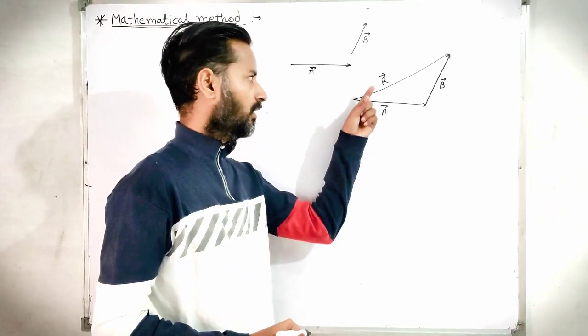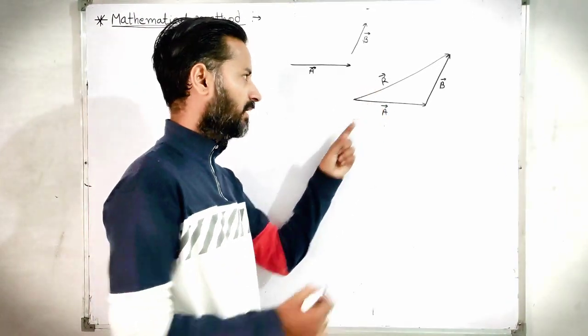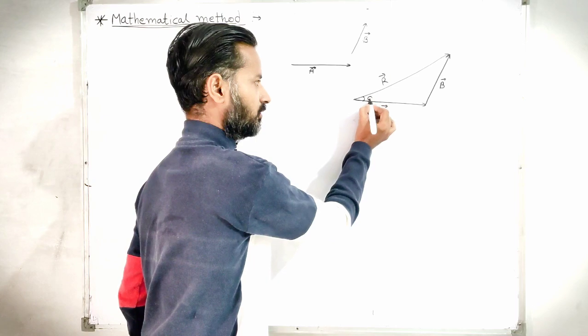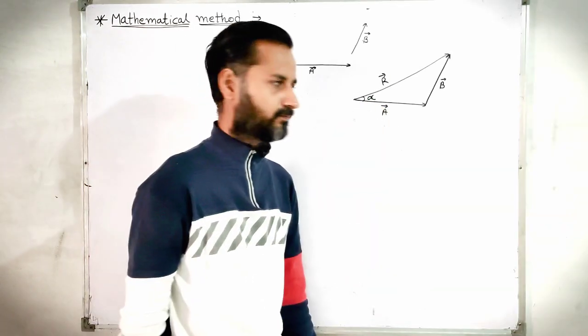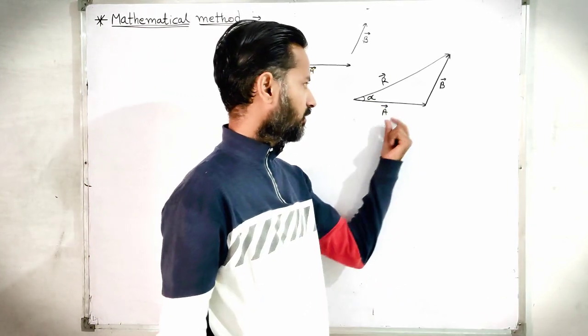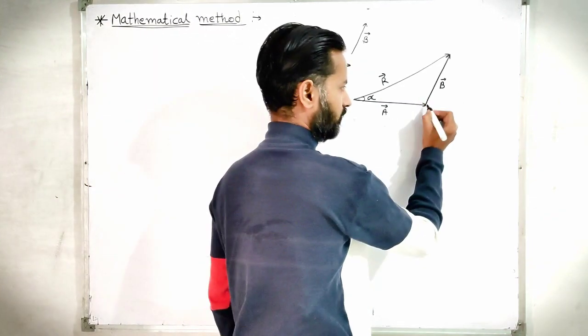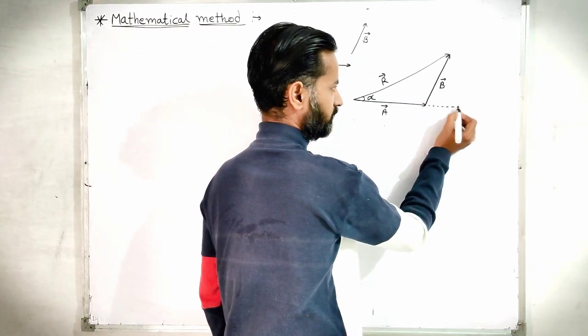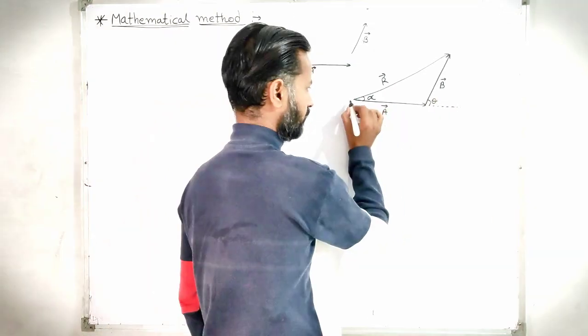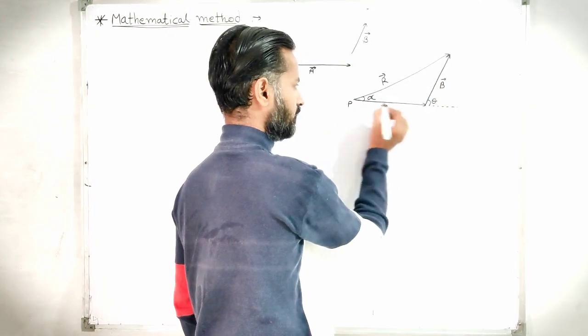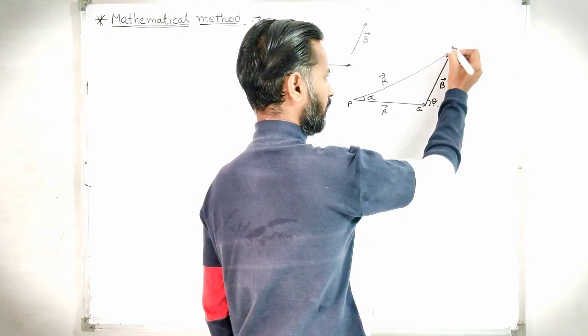Let the resultant vector R make angle alpha with vector A, and the angle between A and B vector is theta. This is theta. Let these points be P, Q and S.